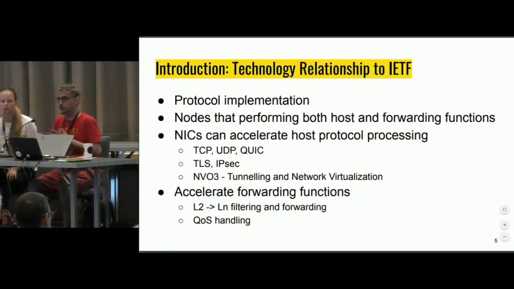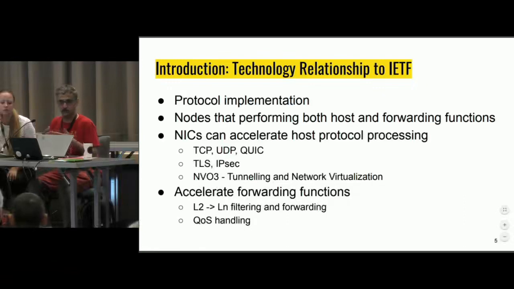As for the relationship to the IETF, if you're implementing protocols, this is very relevant to you. You're running on the host or some middleboxes which end up using NICs, for nodes that perform both host level features or forwarding functions. NICs can process a lot, accelerate as well, and have a lot of helpers in the hardware for TCP, UDP, QUIC, TLS, IPsec.